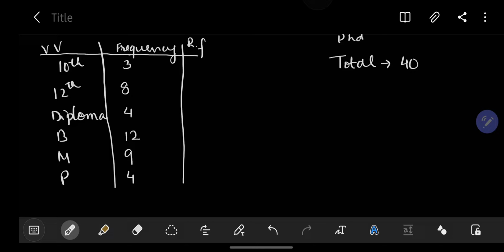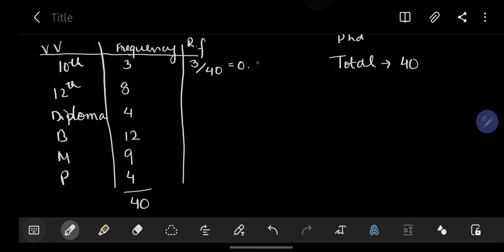Let me calculate: 12 plus 8 is 20, 24, 28, plus 11, 40 exactly. So 40. Now we divide the number of people who were 10th passed by the total number.